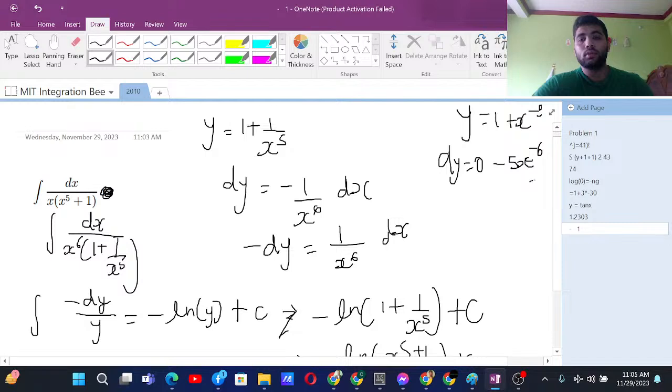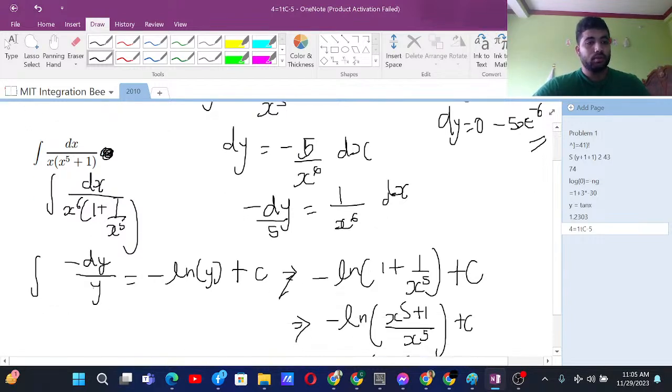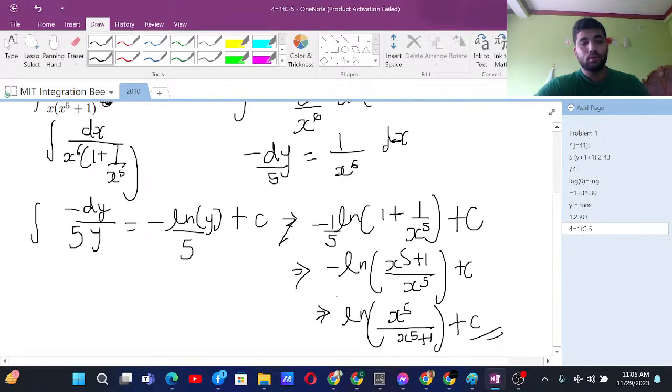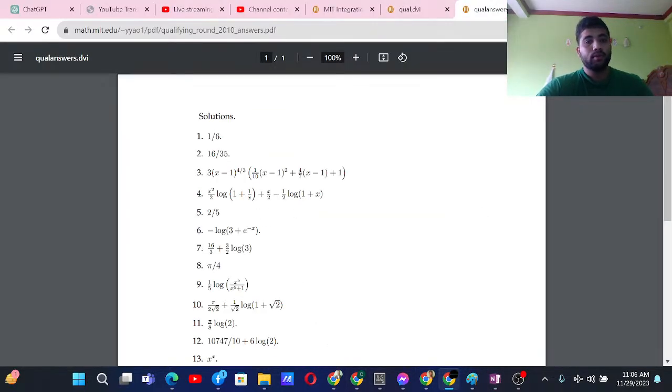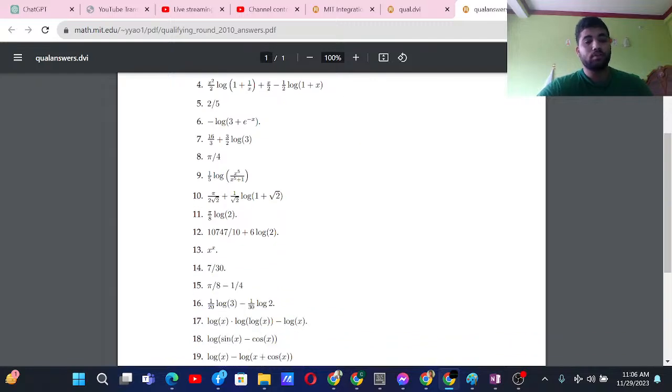That was a mistake, so it should have been minus 5 over here, and we will also have 1 by 5 over here, and the minus 1 by 5, and then 1 by 5. So now that's the answer: 1 by 5 ln of x to the power 5 by x to the power 5 plus 1.